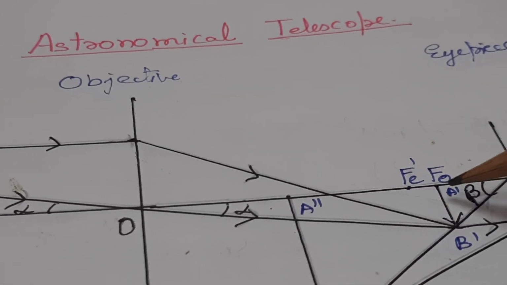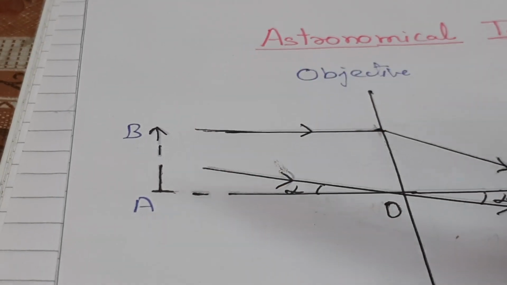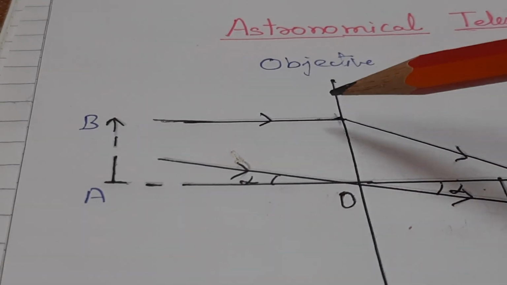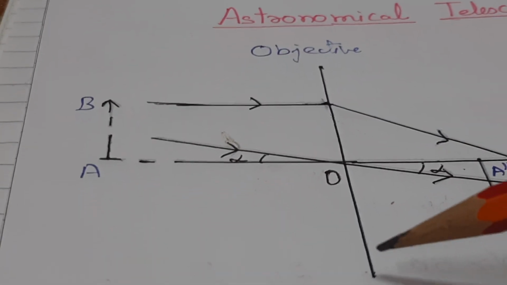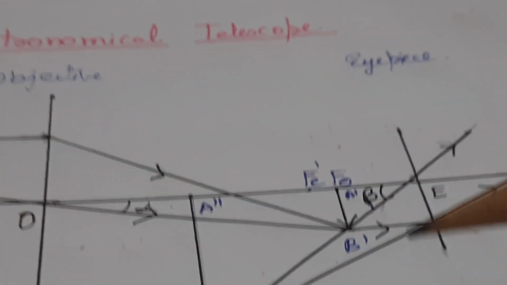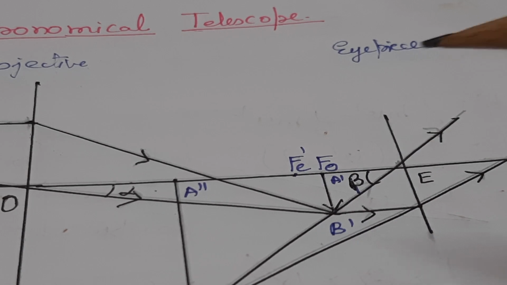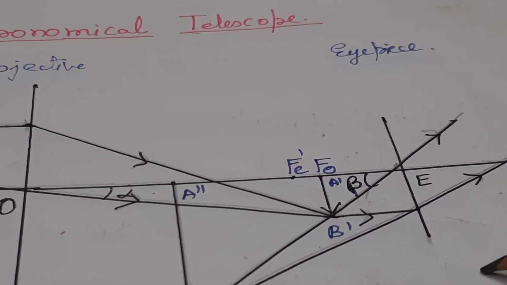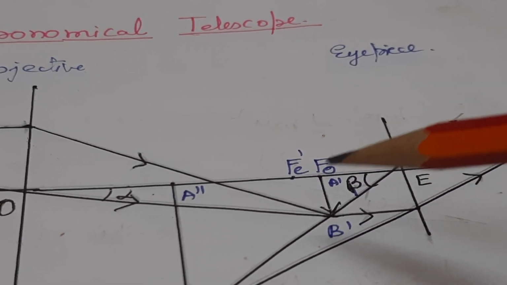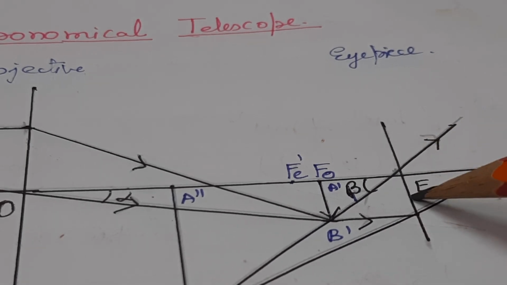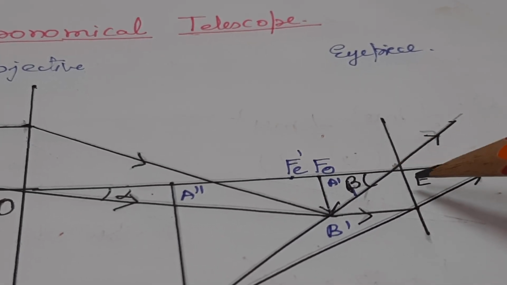So here image A dash B dash of this AB is forming. Please keep in your mind, here I am showing the objective lens by only a vertical line. This image will act as a virtual object for this eyepiece. Keep in your mind this is the virtual object for this. Now what will happen?